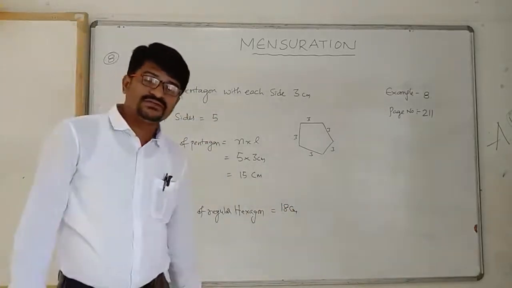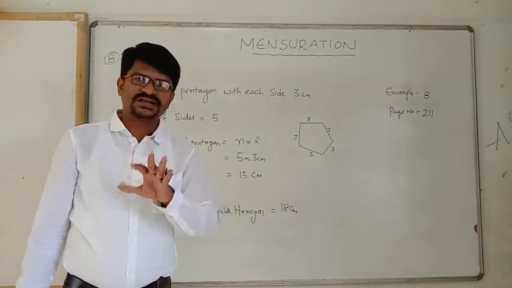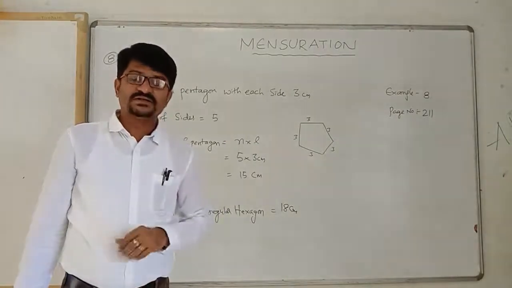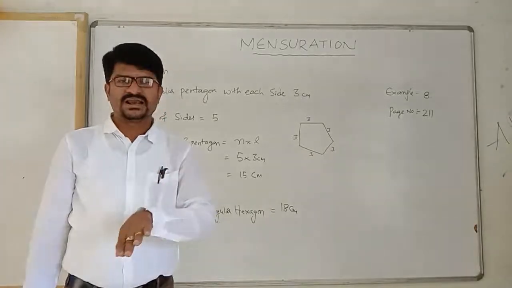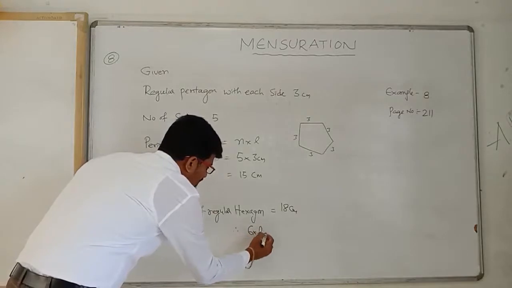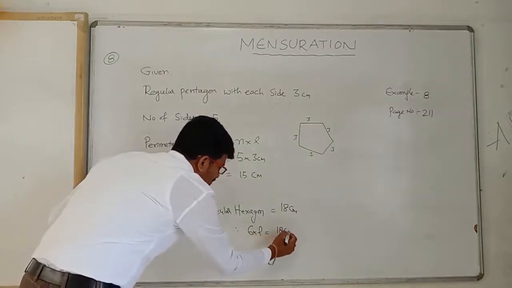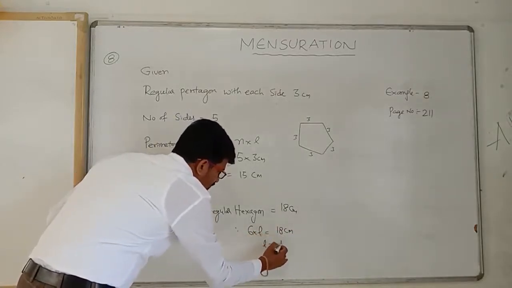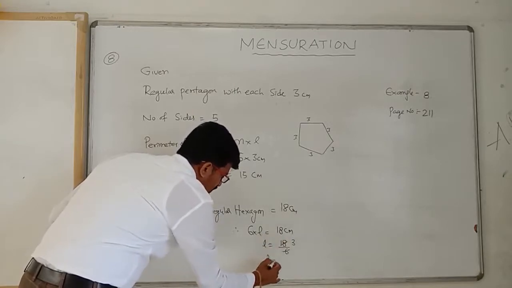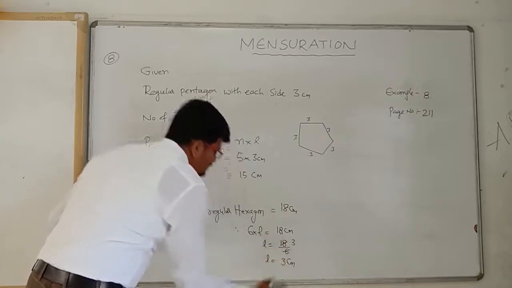Hexagon means how many sides? 6 sides. Therefore perimeter is 6 into L. Therefore 6 into L is equal to 18 centimeters. Then L is equal to 18 by 6. Therefore L is equal to 3 centimeters.